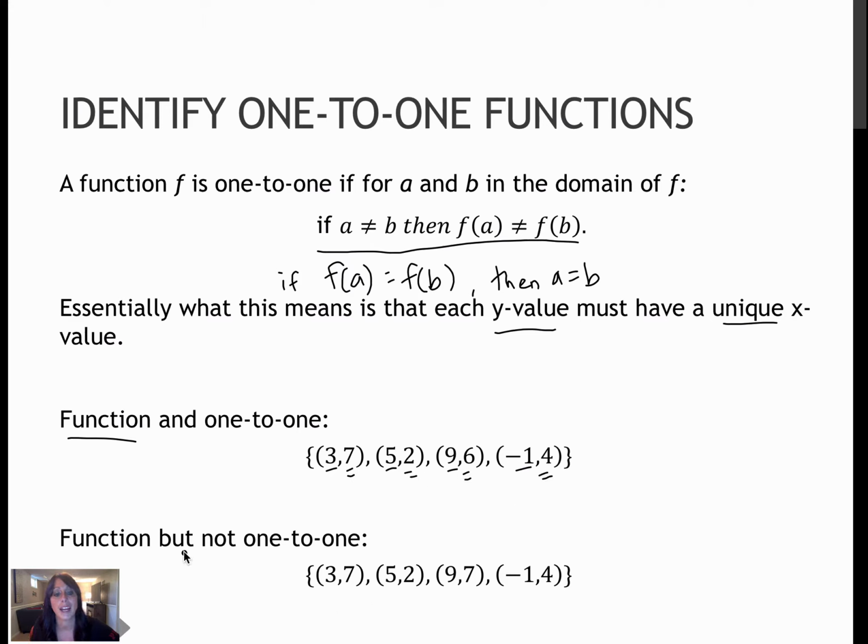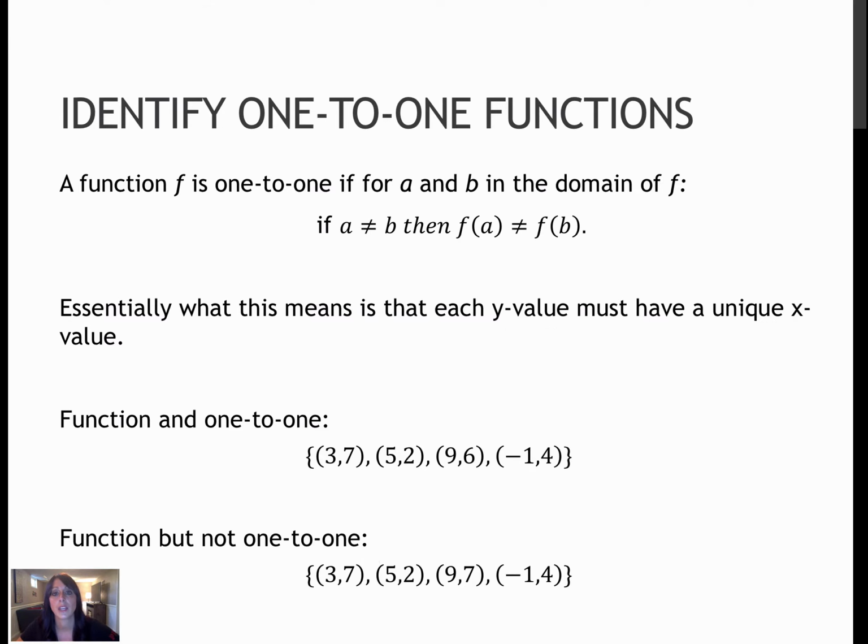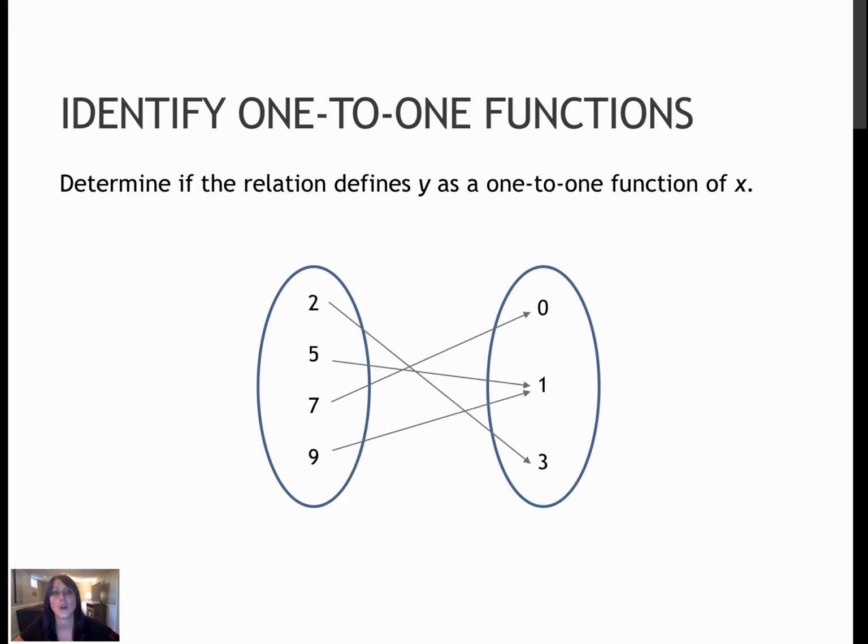But if I look at my other relation, it still is a function because each x value has only one y value. However, 3 maps to 7 and 9 maps to 7. So this is not one-to-one because 7 maps back to both 9 and 3, and so they're not unique x values.